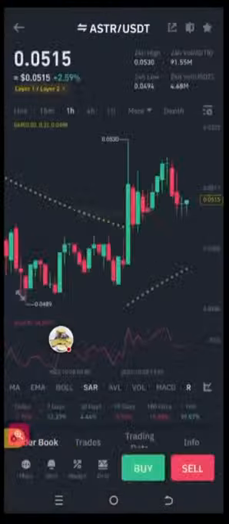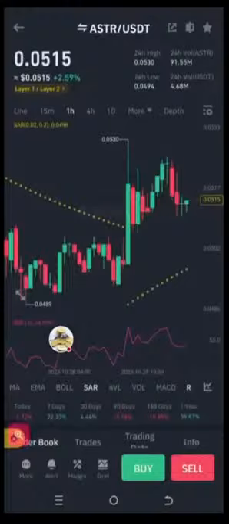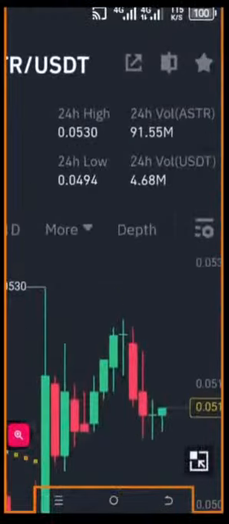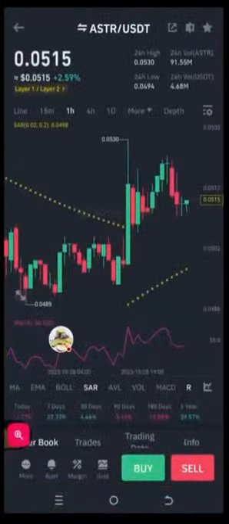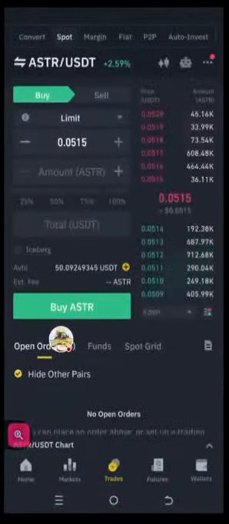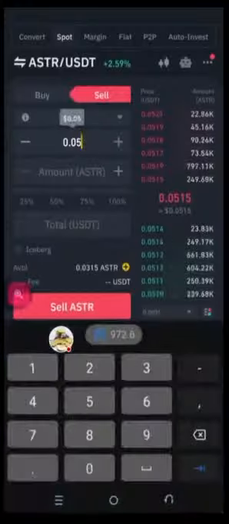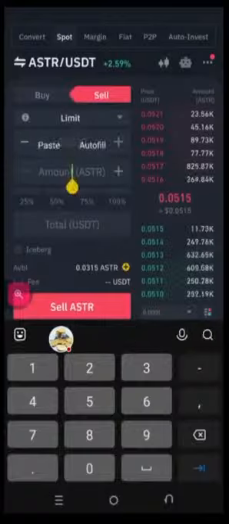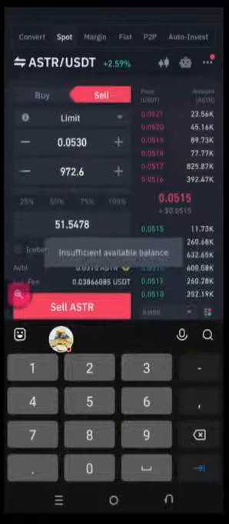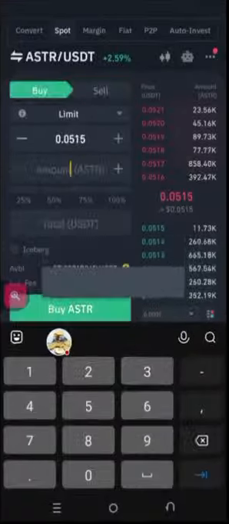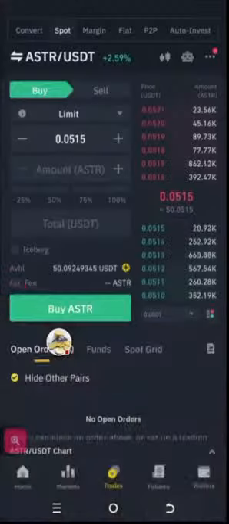Where did it get to? Got to 530. Okay. Let's see whether if we put in 530, it's going to give us what we're looking for. All right. Not bad. Okay. So let's just go ahead and buy.